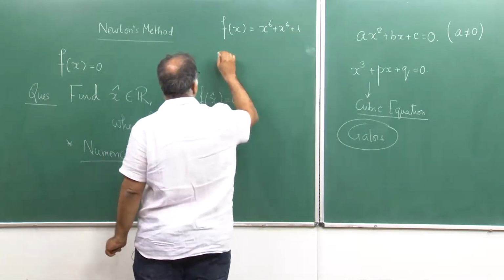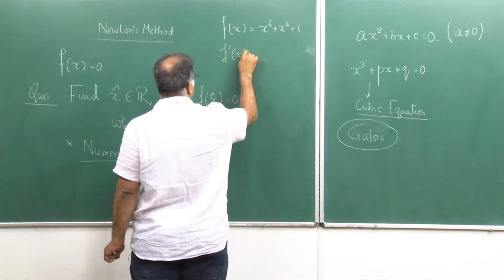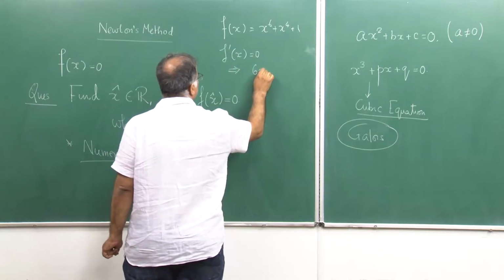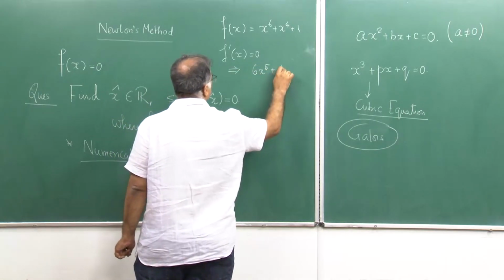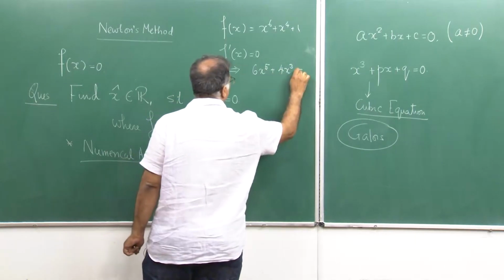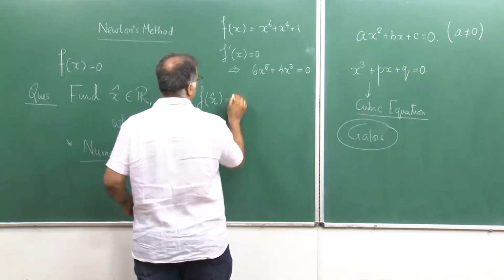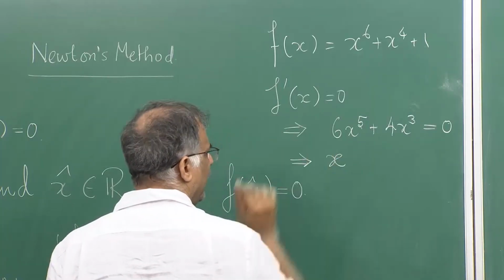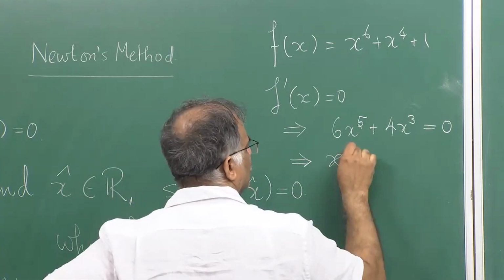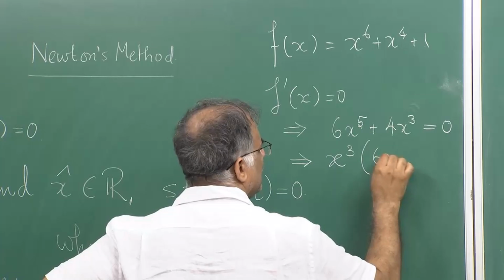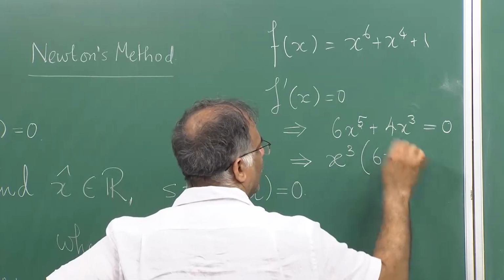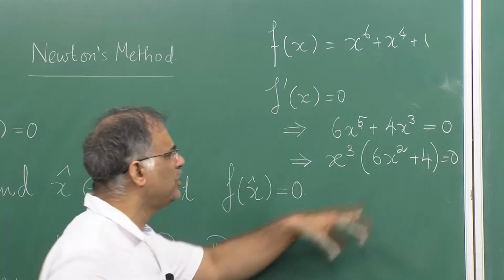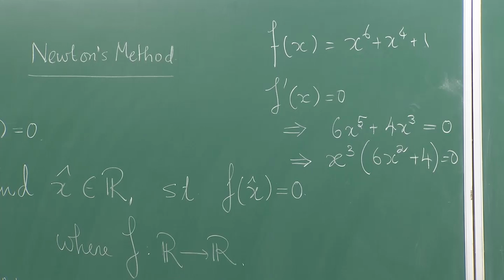This is a differentiable function, and so your first step would be to check the derivative, which immediately will give you 6x^5 + 4x^3 = 0. So here you would immediately have x^3 (6x^2 + 4) = 0. So either you have x^3 equal to 0 or the other factor equal to 0. So you will be able to solve it.